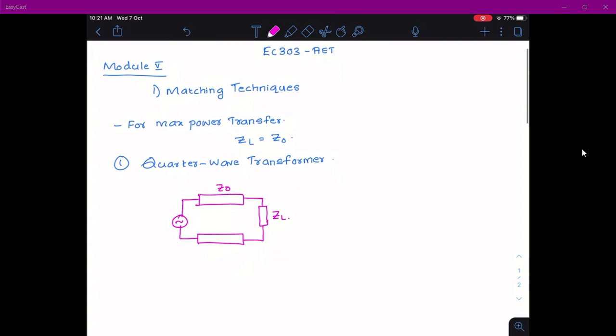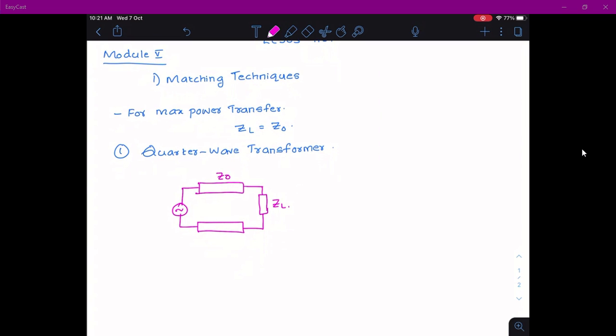Now, if you want to have the maximum power transfer, the ideal situation is you should have ZL equal to Z0. Now, the impedance of the load might not be in our hands. It can be possible that the load will be some antenna where you might not have any control over how the impedance looks.